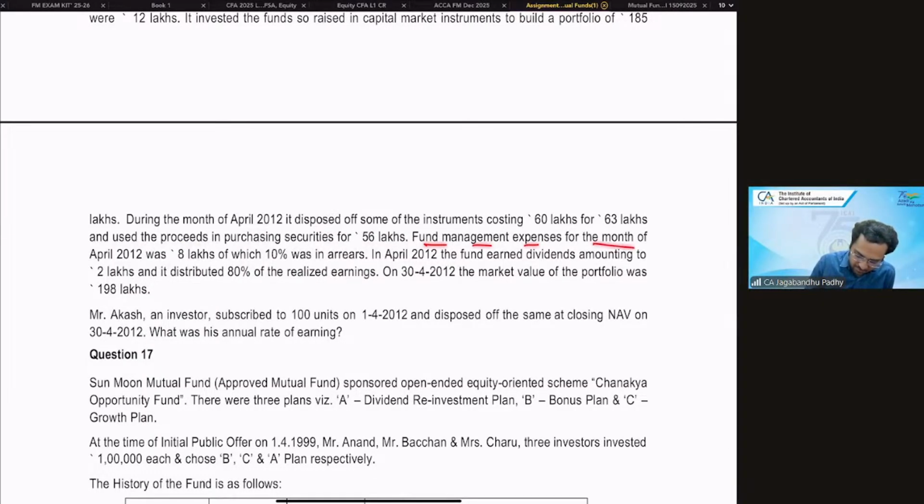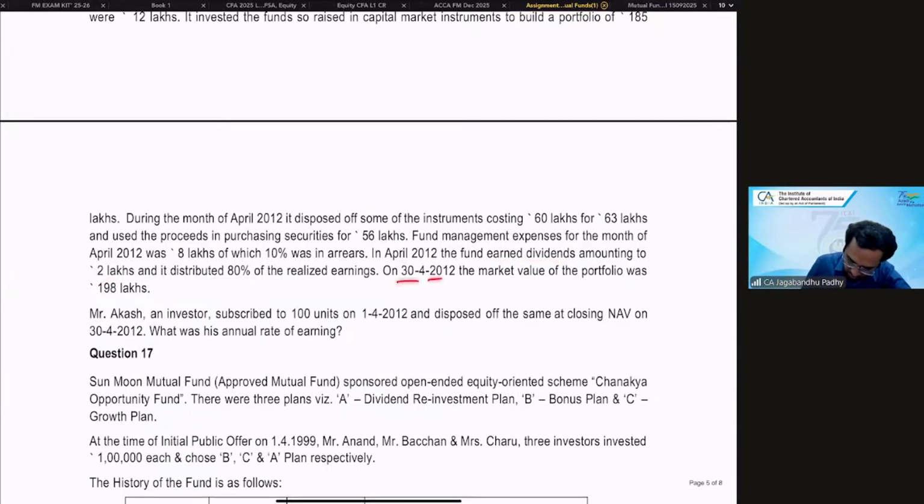Fund management expenses for the month was 8 lakh, out of which 10% was in arrears. In April 2012, the fund earned dividends amounting to 2 lakh and distributed 80% of the realized earnings. On 30th April, the market value of portfolio was 198 lakhs.